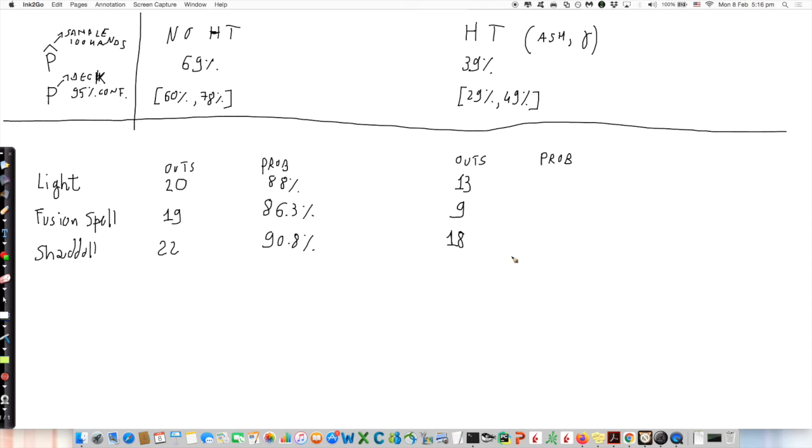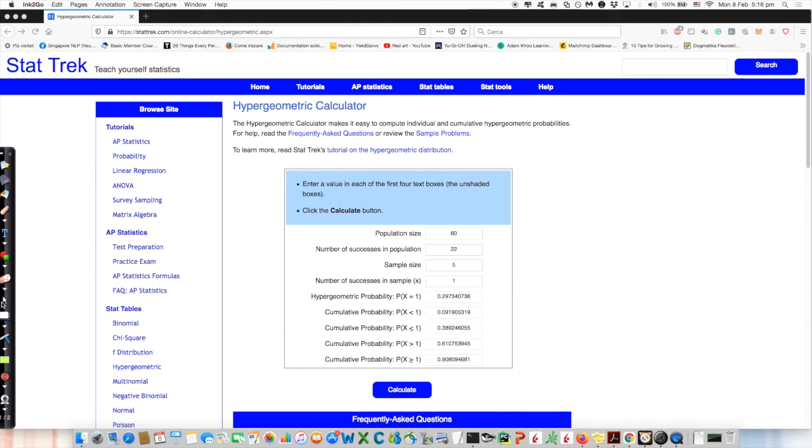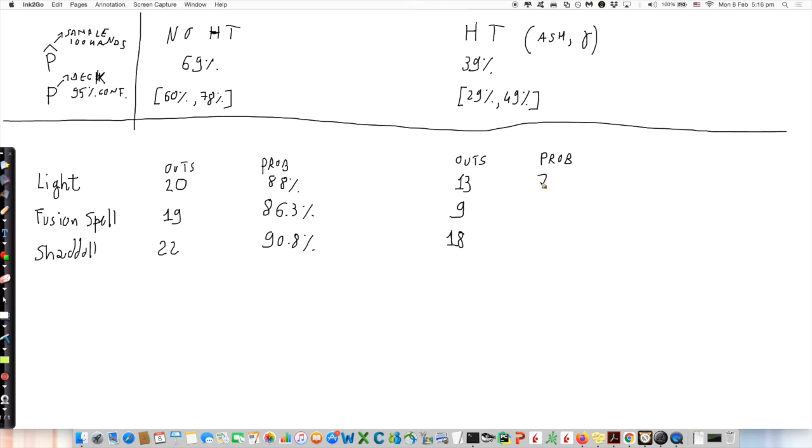Let's do the same kind of computation for the hand trap version, right? So 13, 9, and 18. So 13 is 71.9. Right here.